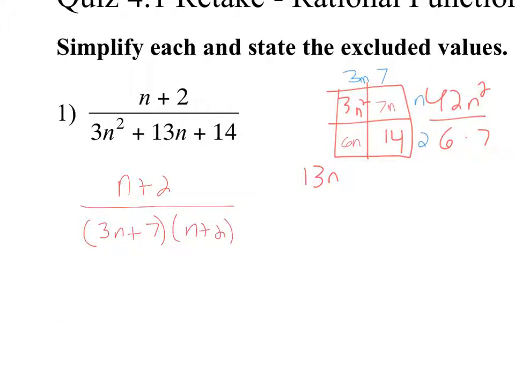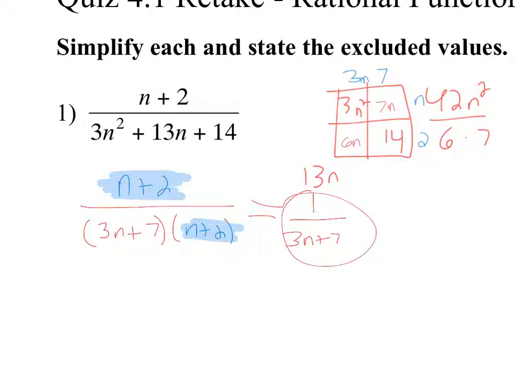And it looks like, I'll bust out the highlighters here, this n plus 2 and this n plus 2 will eventually cancel out. And so I am left with 1 divided by 3n plus 7.